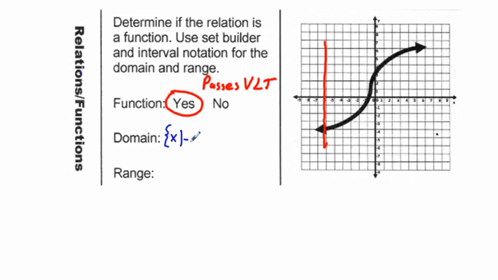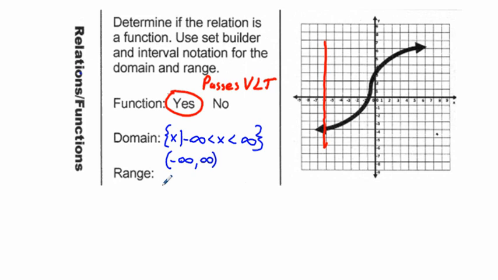And in interval notation, again, as we did earlier, we have negative infinity, comma, infinity.